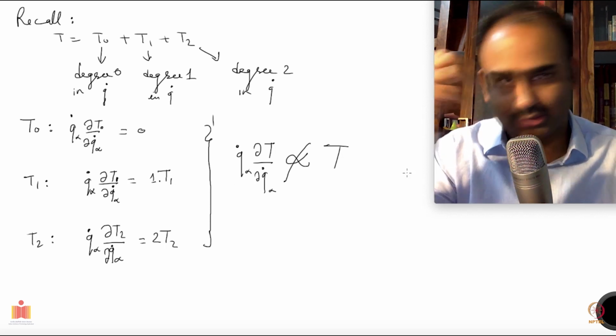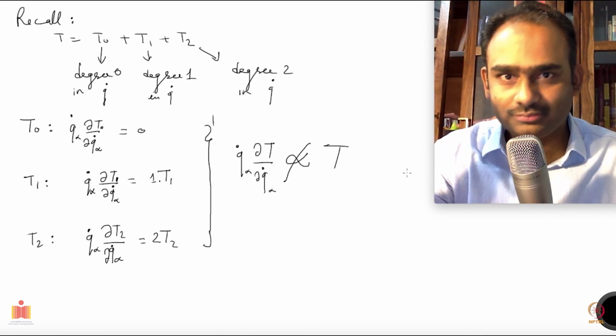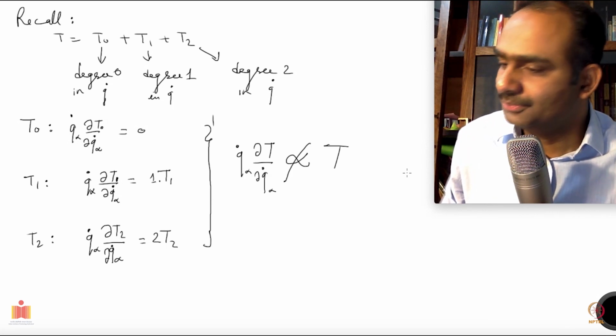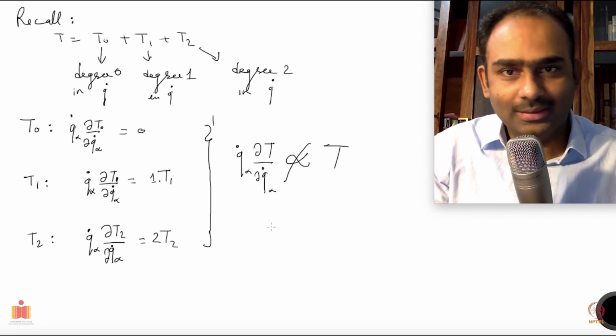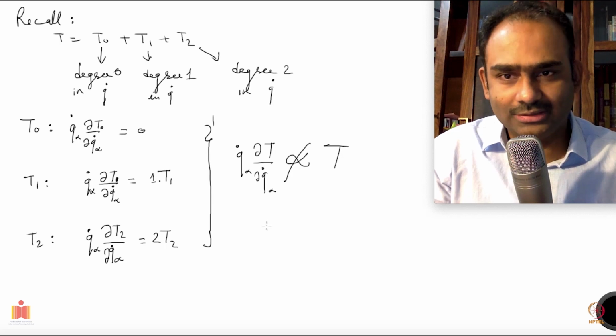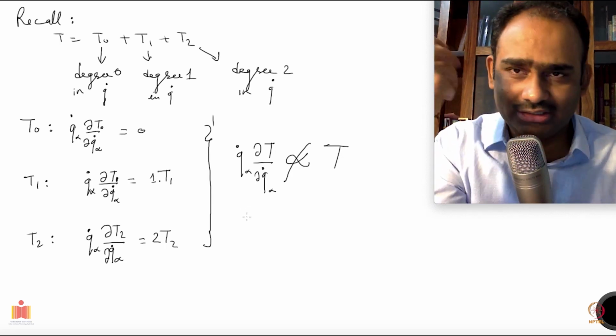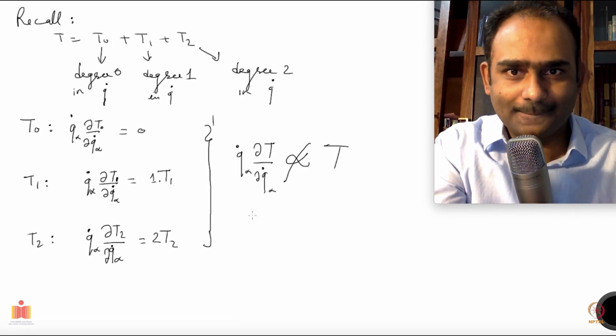So it cannot be proportional to T in general. But let's say, for some reason which we'll talk about soon, your T had only the quadratic pieces.